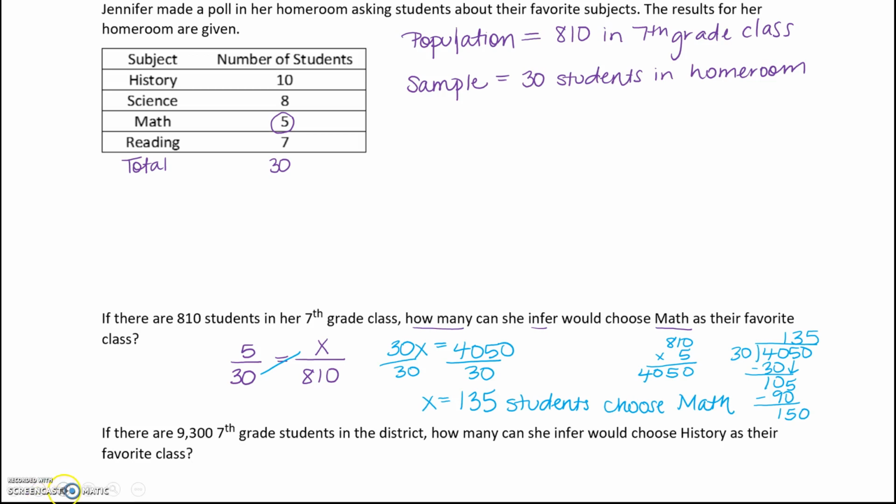Now our situation is changing. It says if there are 9,300 7th grade students in the district, how many can she infer would choose history as their favorite class? So now we're saying our new population is the 9,300 7th graders in the district.